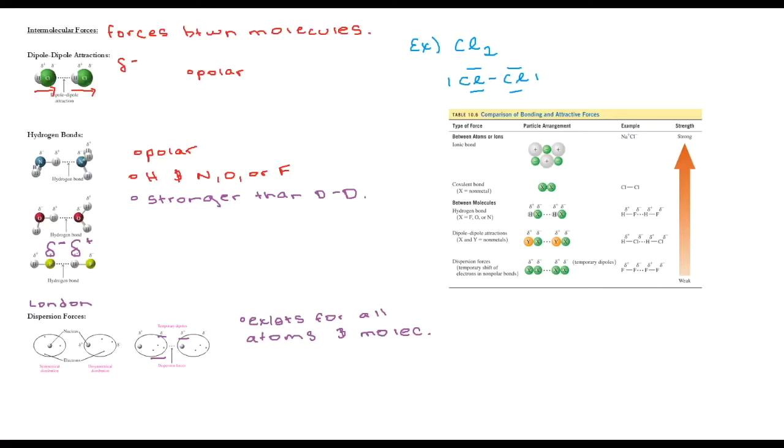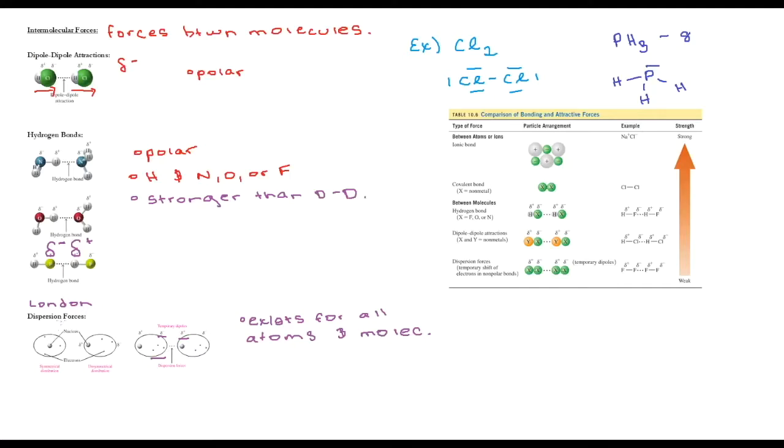Okay. What if, for example, I gave you PH3? Okay. So again, phosphorus has 5 valence electrons. Hydrogen has 1, but there are 3 of them, so it's a total of 8. So this is going to look like this. So since this molecule is polar, the strongest type of intermolecular force is either going to be dipole-dipole or hydrogen bonding.